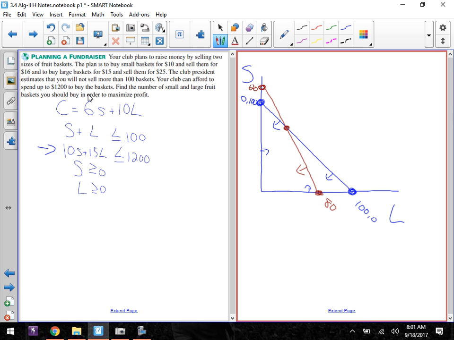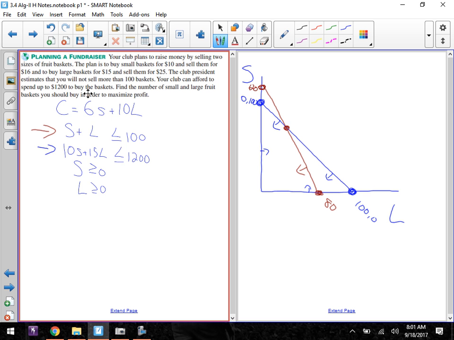So, how do I find that point at which those two intersect? You don't? Well, you should. You can do a couple things here. Remember, we're treating it like we have before in terms of solving the system of equations. You can multiply it by 10 and subtract, or I can just say that small baskets equal 100 minus a large basket.